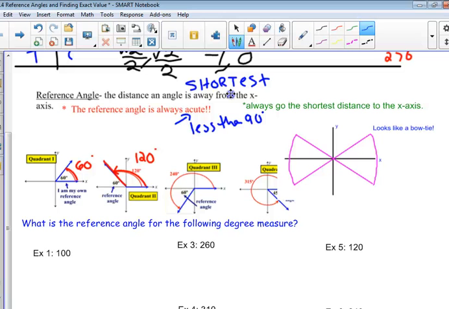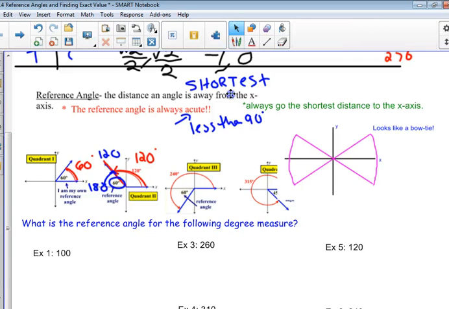It has something to do with that. The way you're going to figure out the reference angle is you're going to get back to the x-axis with the shortest distance. So this is like where 180 is. You're going to see what's going to be left. So if you went 120 and you're at 180, 60, good. So 60 degrees is the reference angle. You're going to figure out how much you have to get back to the x-axis.